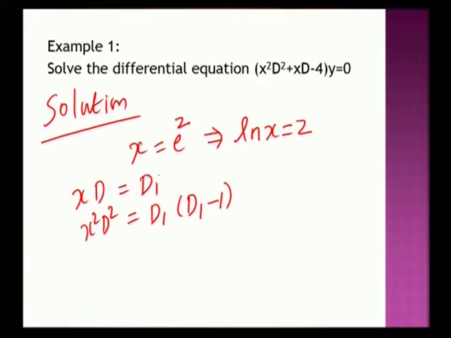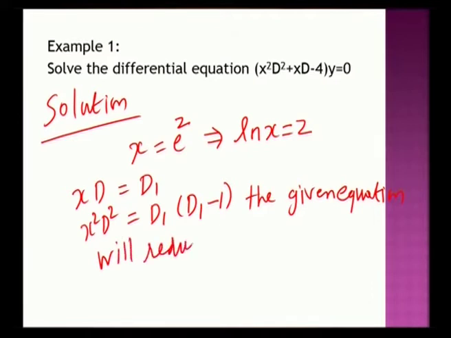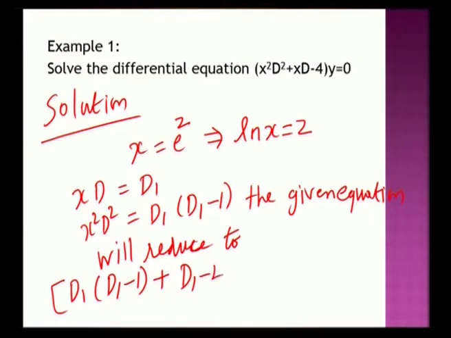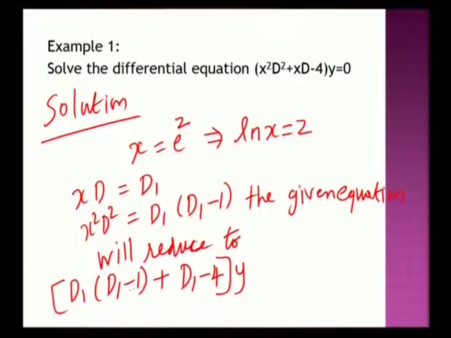Then the given equation, by substituting these values, will reduce to d1 into d1 minus 1 plus d1 minus 4 into y, because here x square d square is nothing but d1 into d1 minus 1, that is substituted here, plus x d is nothing but d1, that is substituted here, minus 4, that is substituted here, which is equal to 0.